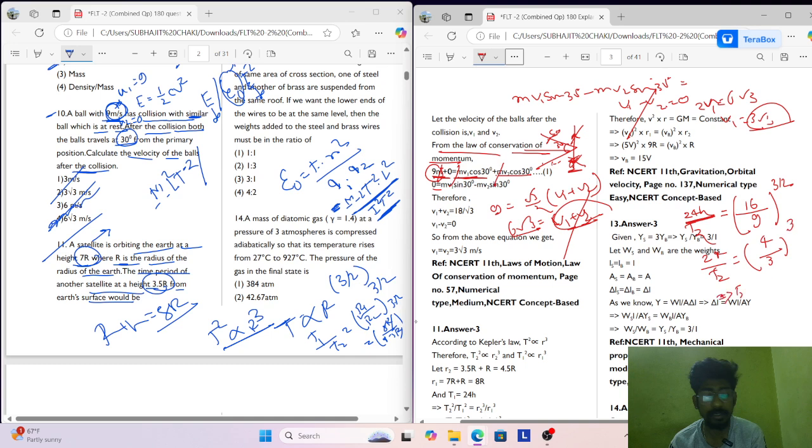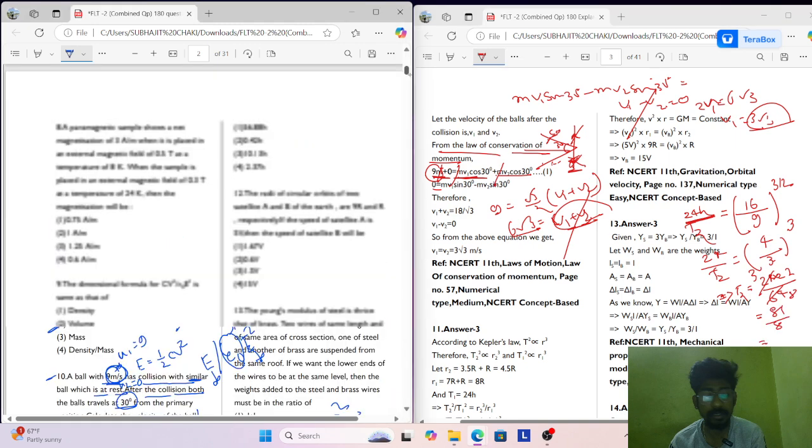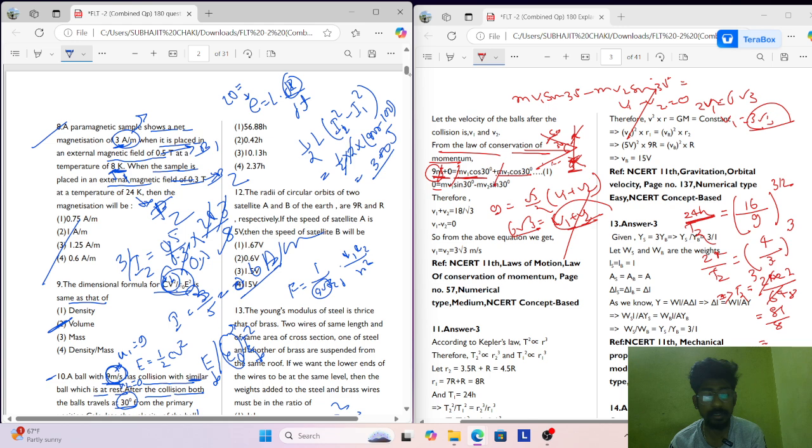So T2 will be equal to what? 24 times the cube of 3, which is 27, divided by 64. That gives 81 by 8. So 10.125 will be our answer, or 10.13 to two decimal places.